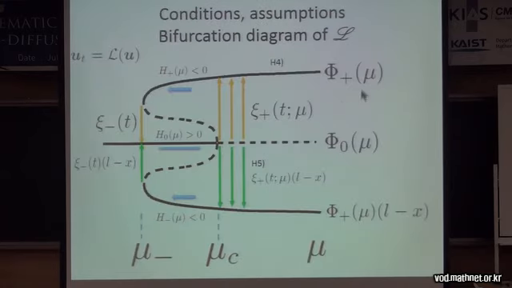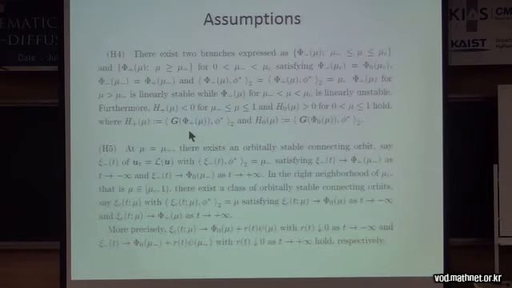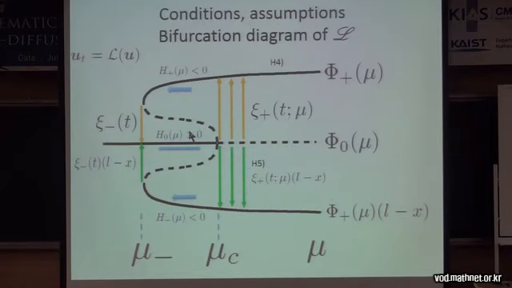Now this is the bifurcation structure with respect to mu, and this is the bifurcation branching. The assumption is the existence of a connecting orbit. That is, we assume a connecting orbit from here to here, from the constant solution to the non-constant solution.